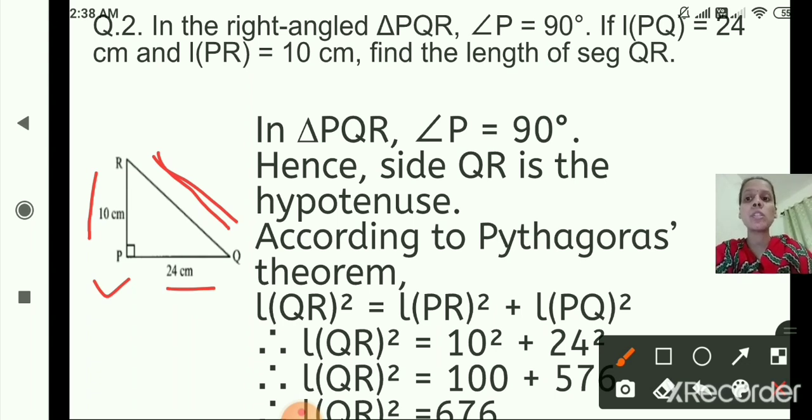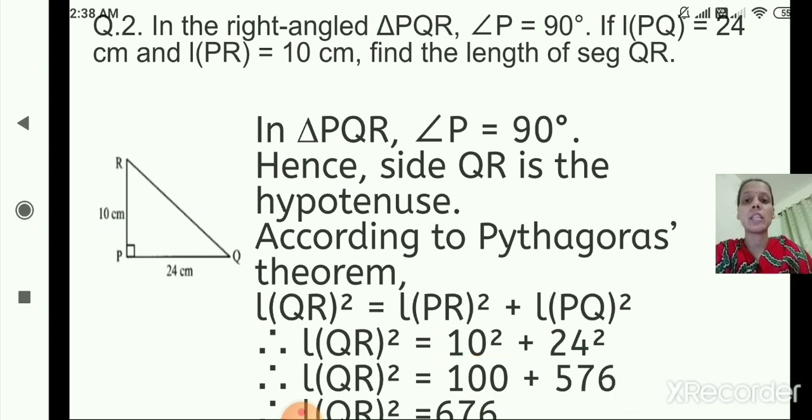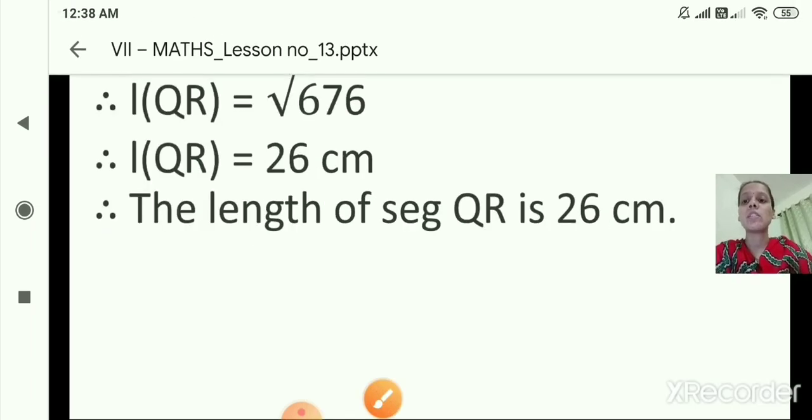Now put the values. QR square is equal to 10 square plus 24 square. Then 10 square is 100 and 24 square is 576. So 100 plus 576 is 676. Now we got QR square is equal to 676.